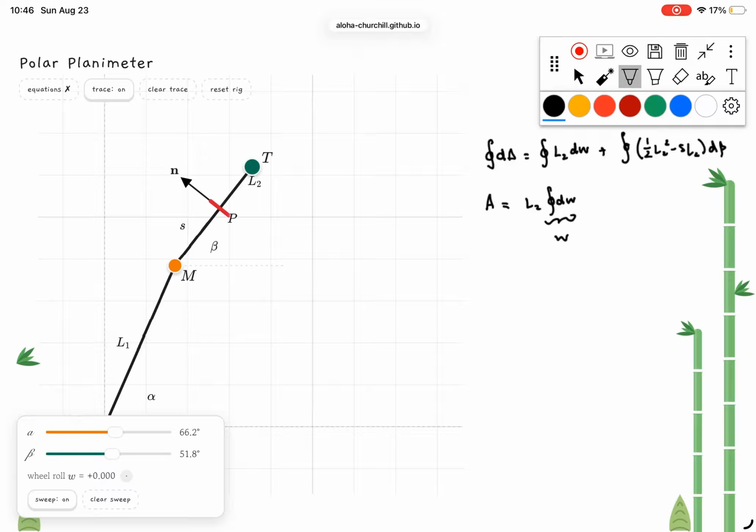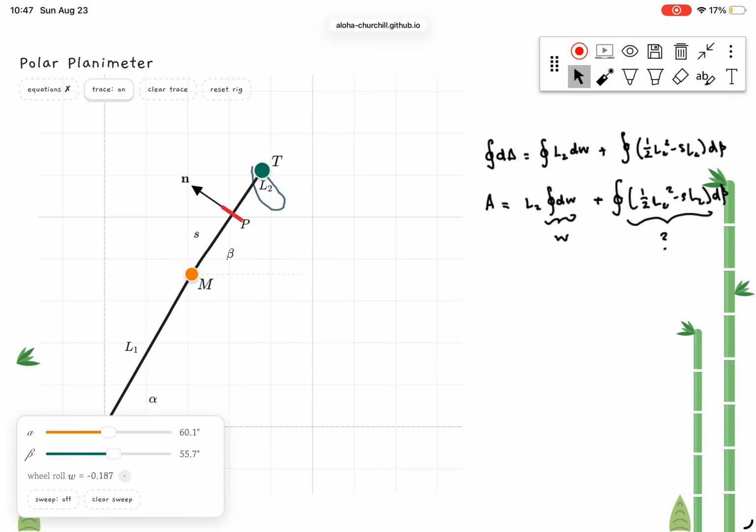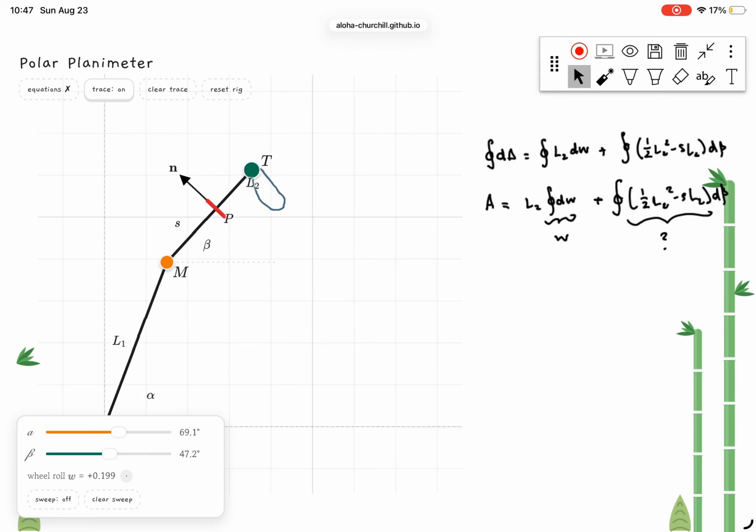So for the first term, the integral over this closed curve of dW is just the very first equation we started with, which simply resolves to the total signed distance of the wheel roll, W. The second term, though, is a little bit trickier. So what is the integral over the closed curve of d beta? Let's see if we can figure it out by going over to the simulation again and seeing what happens to the angle beta when we go over an enclosed curve. It actually ends up in the exact same position as it was.